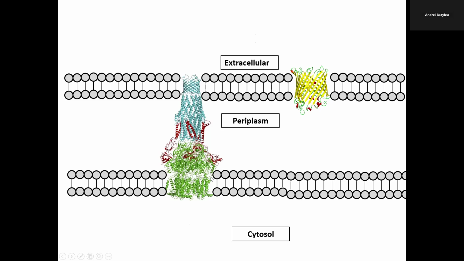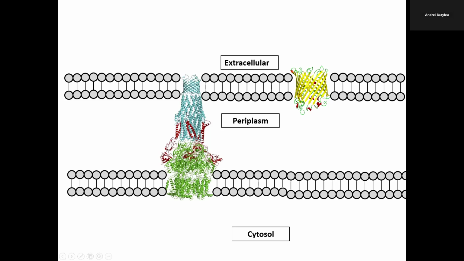This protein here is actually, as you can see, made of three distinct proteins. They're color-coded: the green one, the red one, and then the teal color, light blue. So this is actually a model for one of the efflux pumps that were found in gram-negative bacteria.